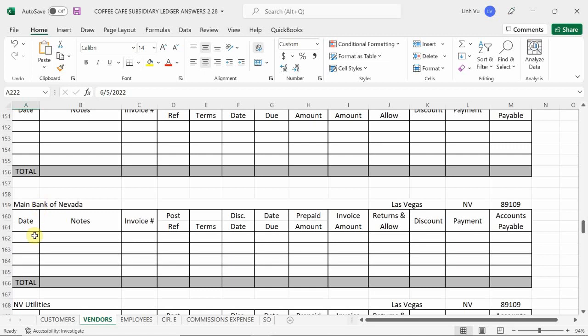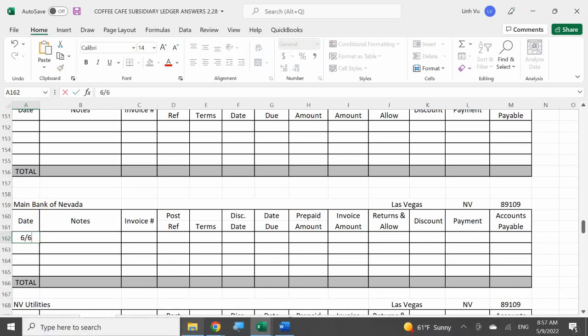So in this case, here's Main Bank of Nevada. I received that I have a line of credit for $10,000, okay, for overdraft protection or personal loan, okay, and I'm going to be charged 22% interest.